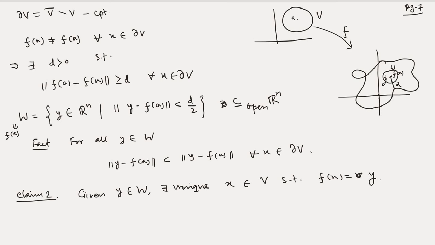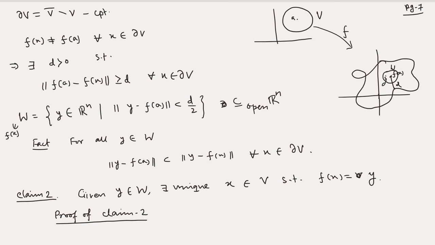So y has a unique pre-image in V. This is now the proof of claim 2. Once we prove claim 2, then we can consider U equal to F inverse of W.